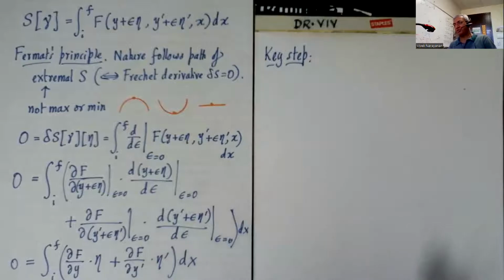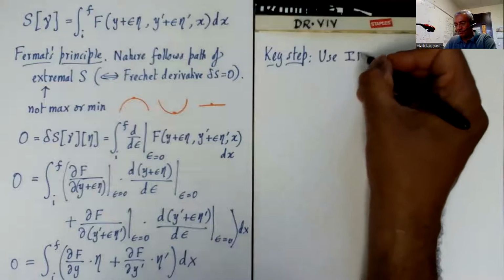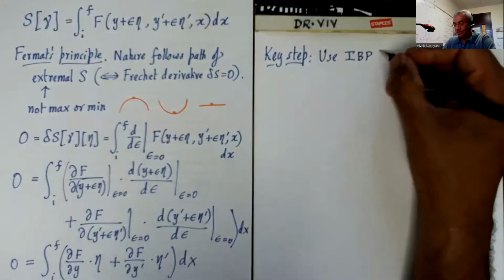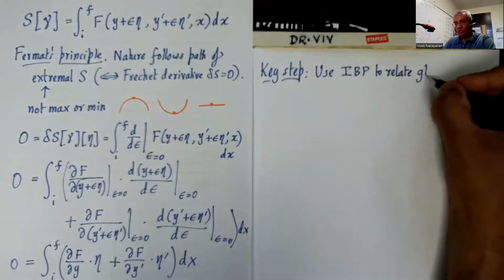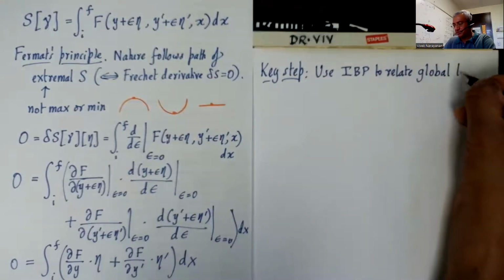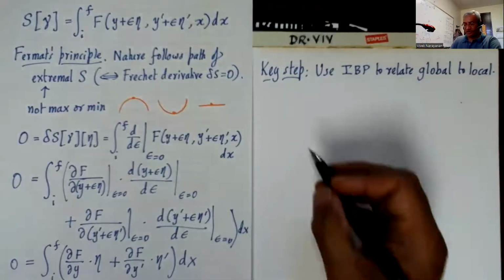In all action principles, no matter how deep or strange, you have to use integration by parts to bring global data into local behavior. So use integration by parts, which I'll abbreviate IBP, to relate global to local.